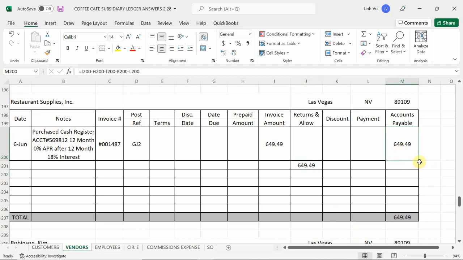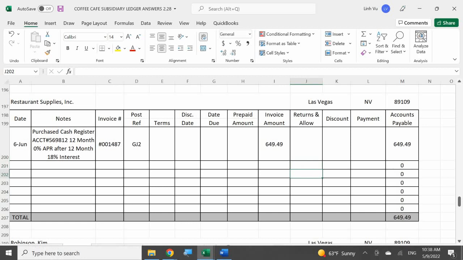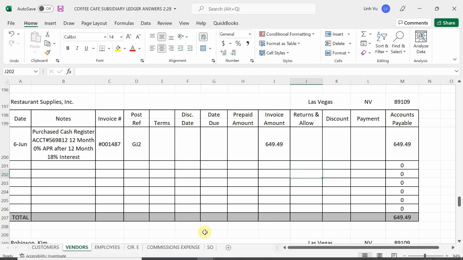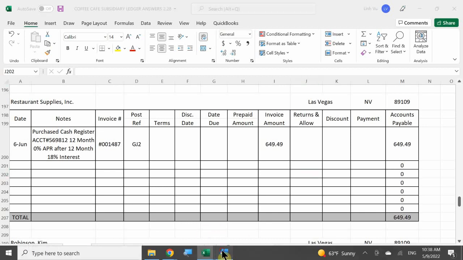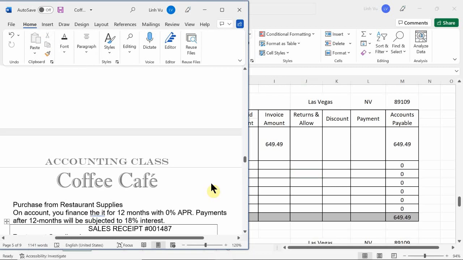If I apply this formula all the way down, it's going to now show me that I have a negative $649. So therefore, I owe restaurant supplies nothing. But in this case, I do. I owe them $649.49. And that's how I use my subsidiary ledger. Okay? You with me so far?